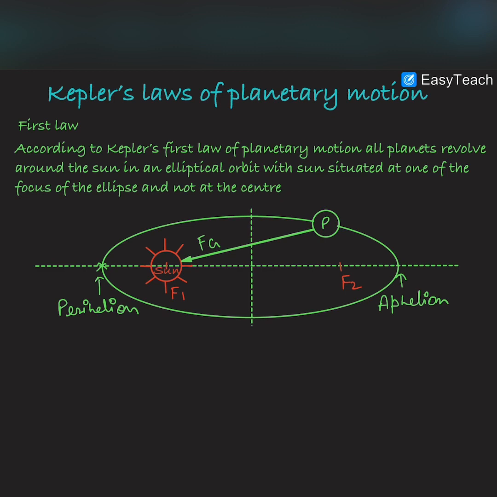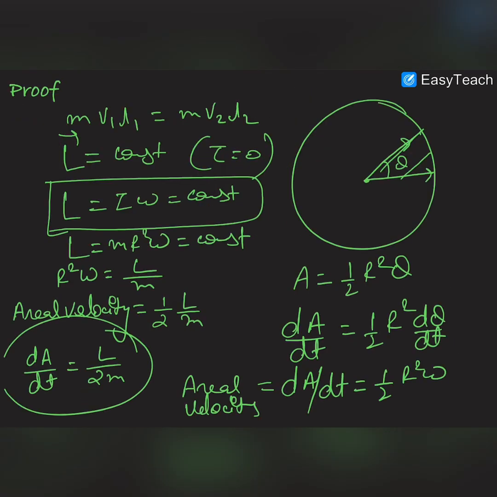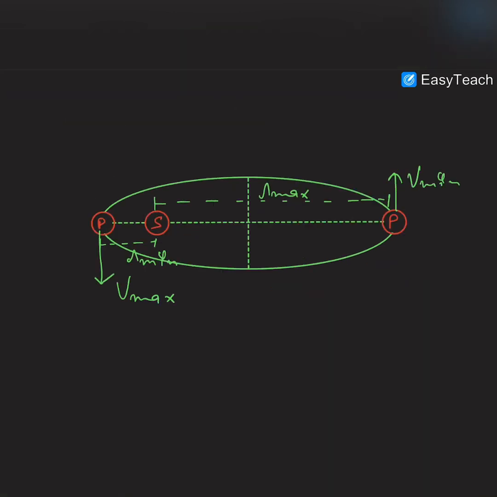If the sun is attracting this planet with the gravitational force, then this gravitational force line vector would pass through the center of the planet as well as the center of the sun. Therefore the torque of this force about the sun or about the planet would be 0.